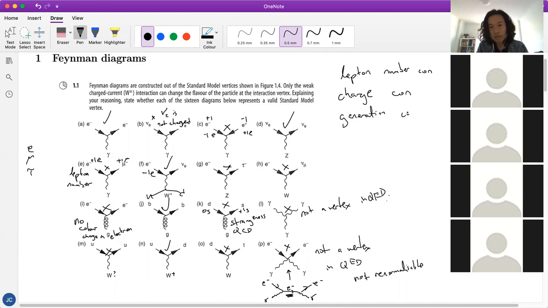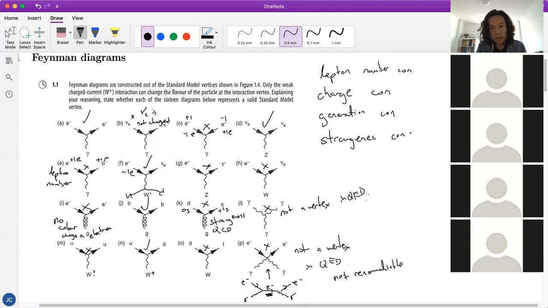What about strangeness number? Is that also? That's just for that one thing. So strangeness, it's a bit weird. So strangeness is conserved under QCD and QED. So for electric forces and color forces, it's conserved. But for the weak force, so under QFD, the flavor dynamics, then it is allowed to be violated.